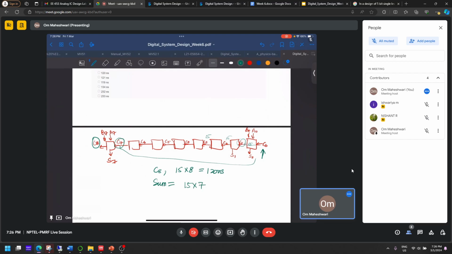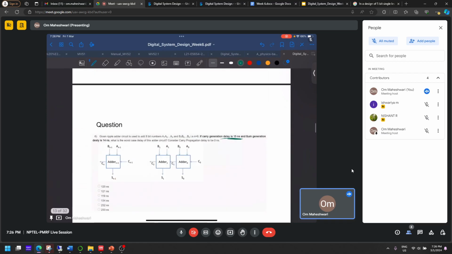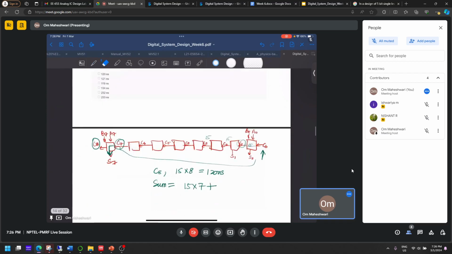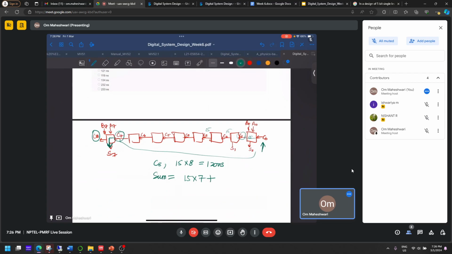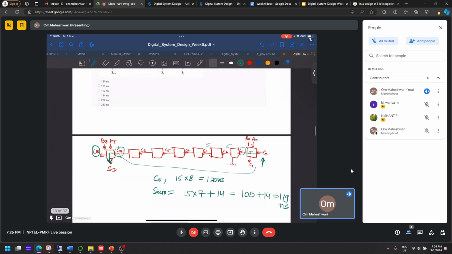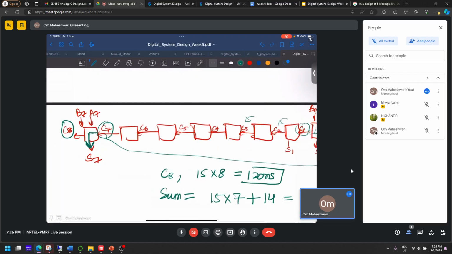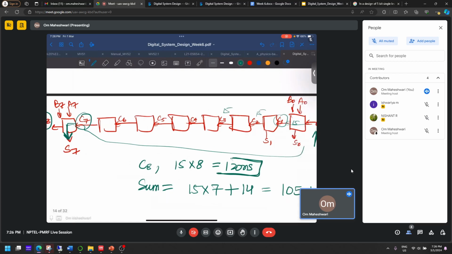Once we have C7, we just need the sum generation delay, which is plus 14 nanoseconds, which is 105 plus 14, which is 119 nanoseconds. So the worst case delay is 120 nanoseconds.